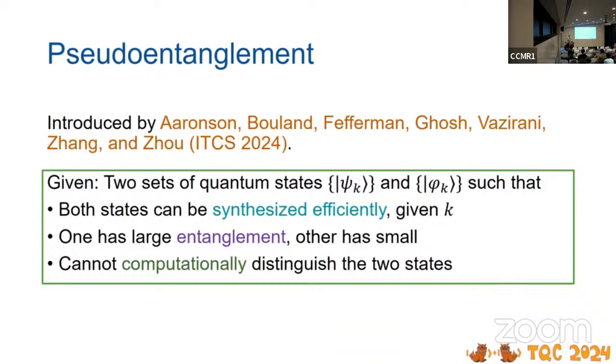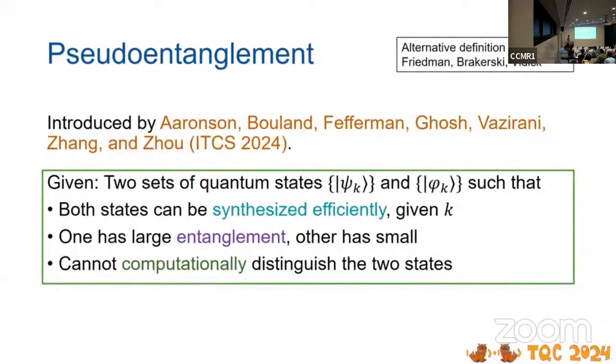I'll give you copies of one of these two sets of states. I promise you it's either psi k or phi k, and you can't tell which one it is, and yet somehow one has large entanglement and one has small entanglement. The idea is that the small entanglement state is pseudo-entangled. It seems like a highly entangled state, and yet it is not. The synthesized efficiently part is just that maybe it can be used for cryptographic means, similar to a pseudo-random state, which I will introduce in a bit.